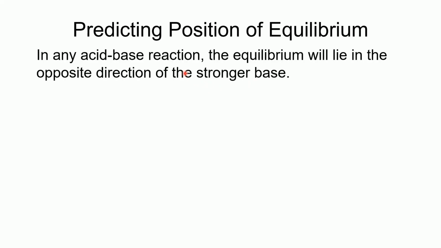So using that list, we can predict the position of equilibrium. And so this is how we do it. If you have a Bronsted-Lowry acid-base reaction, the equilibrium will lie in the opposite direction of the stronger base.